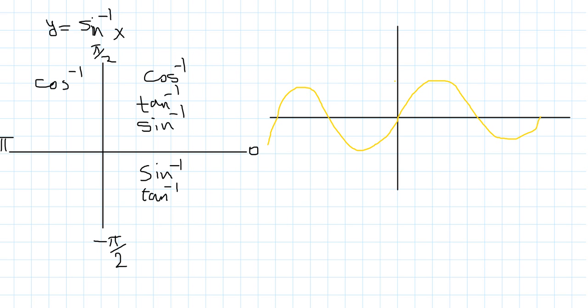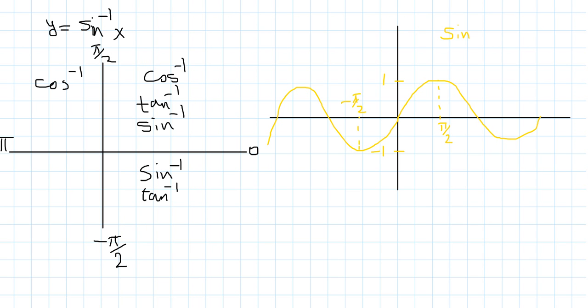If you remember, in sine we had the range restricted between -1 and 1, and the maximum is pi/2, and here is -pi/2.